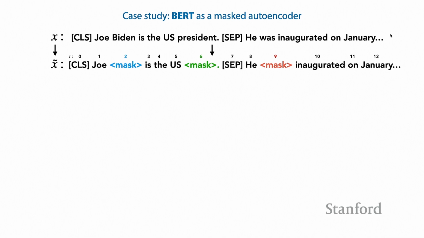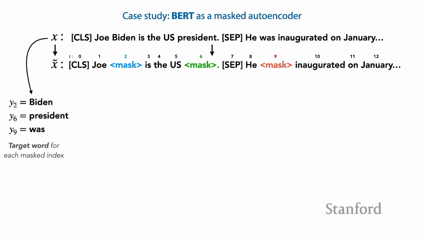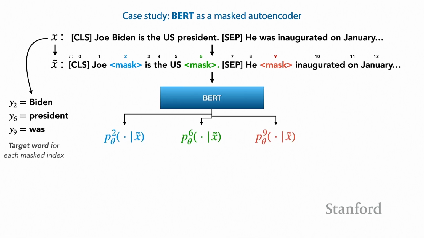I've randomly sampled three of the time steps to mask out, and I'm going to define my targets, which are just the original words there. Then we stick this entire sequence with the mask tokens through BERT, and that gives us a prediction for every time step in the sequence: a probability distribution over all words of what it thinks the word is there.